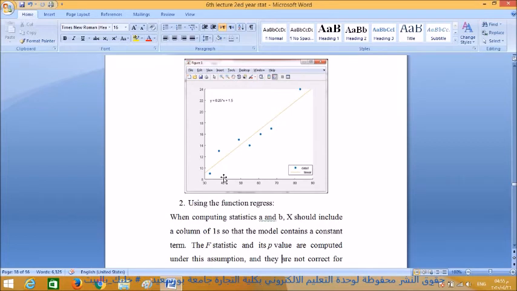Using the function regress, cancel this one.